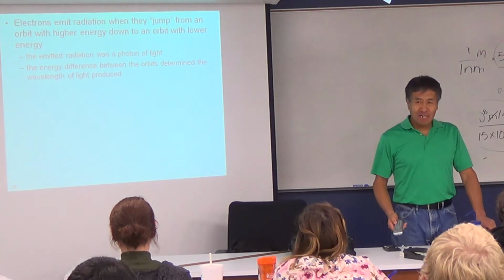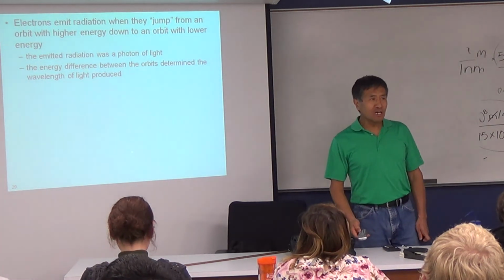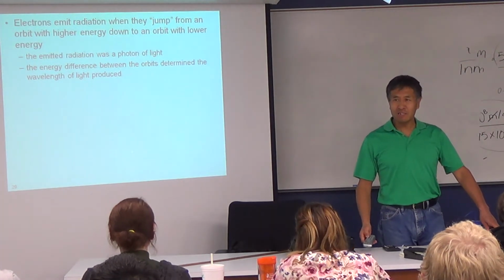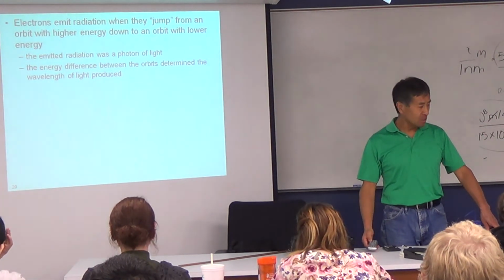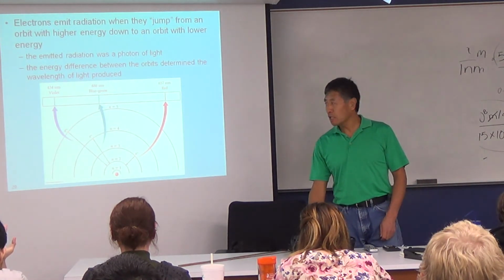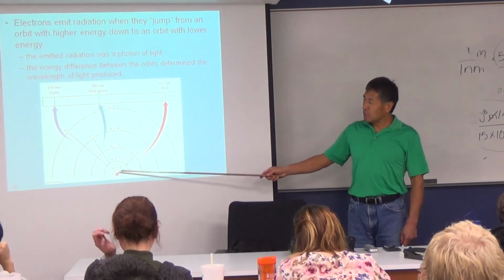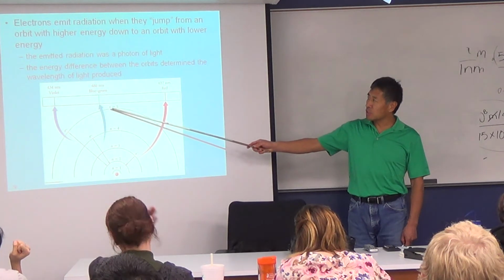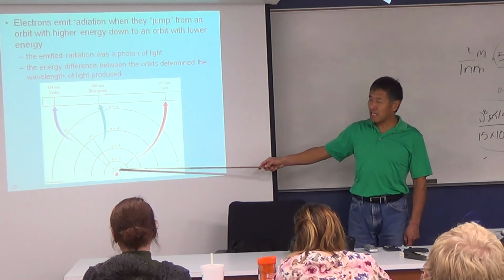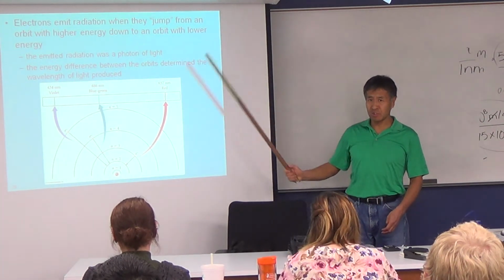So the idea, as I already told you a little bit, is that the electrons in Bohr's model have fixed energies. According to Bohr, those energies depend on a number called the principal quantum number n, and that number can have a value of 1, 2, 3, 4, and so on.